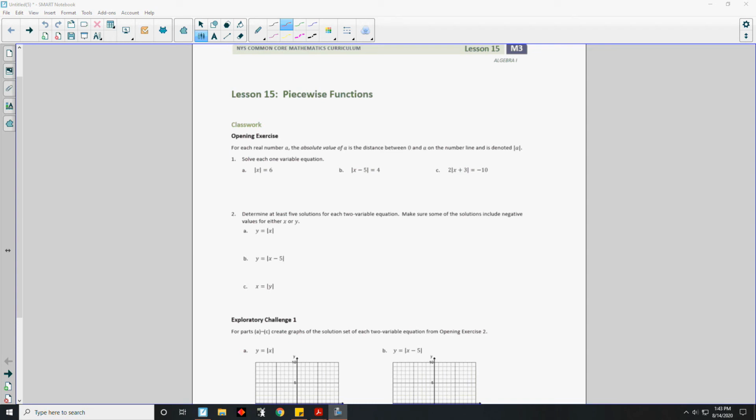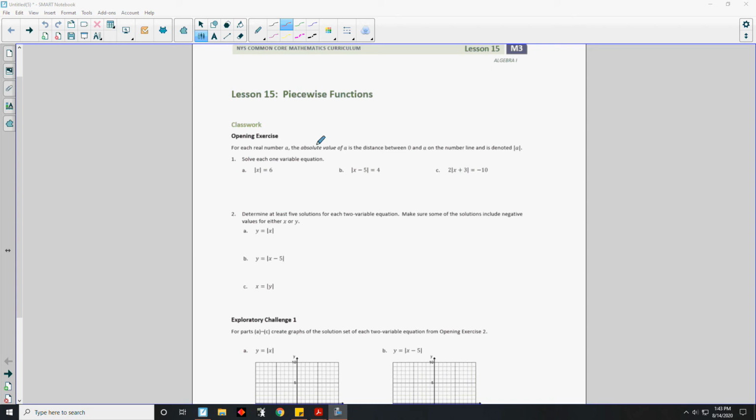Absolute value can be used to define the distance between any two points on the real number line. For example, the absolute value of 5 minus 8 is 3 because there are 3 units between the number 5 and 8 on the real number line.